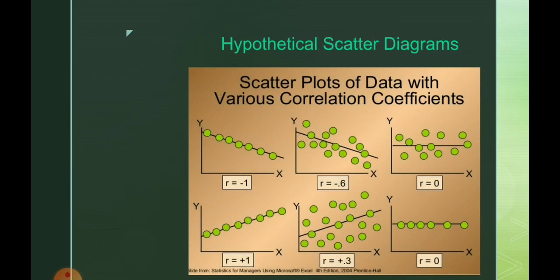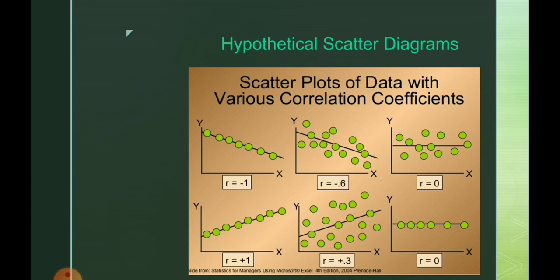Now come to the hypothetical scattergram. A hypothetical scattergram gives us the value of r. What is r? Small r represents the coefficient of correlation. So now you can see the hypothetical scatter diagrams, which means from the diagram you can tell the value of r.